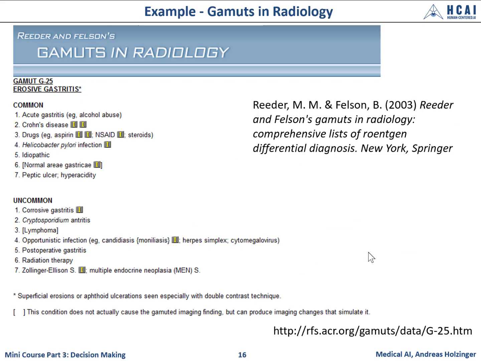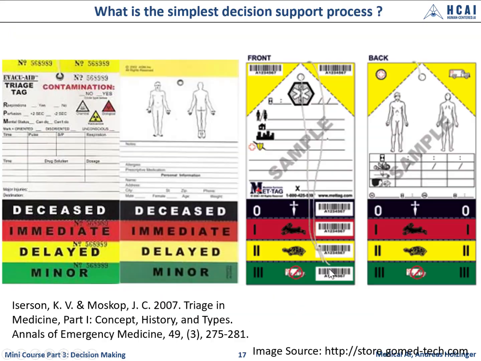This is, for example, erosive gastritis. You have the most common diagnosis and the most uncommon diagnosis. This is based purely on probabilistic reasoning, as we have in the focus of this course.